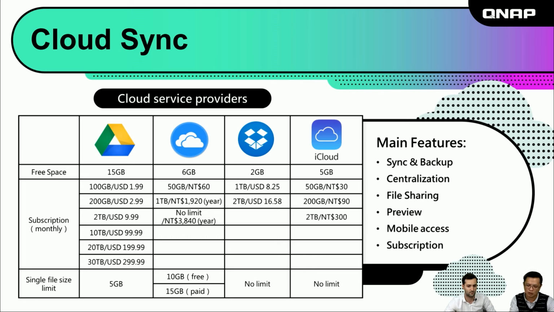The main feature of this service is that all your synchronization behavior has to connect to the central cloud server. The advantage is that you can remotely access your files on different devices and share files with a link. But no matter free version or subscription, it still has some limitations, like the total space or single file size limits.